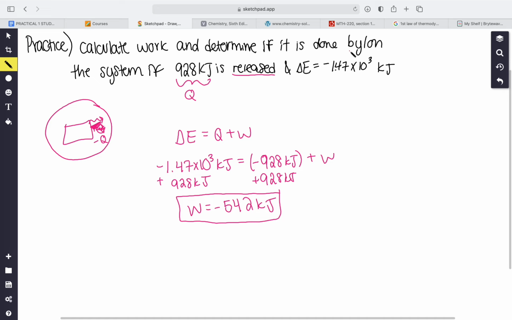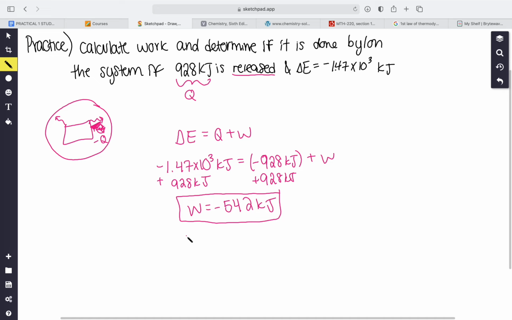So when work is negative, it's released, right? So work is leaving, it's doing work on the surroundings. So that means that the system is doing work, right? So the system itself is doing work. Work is not being done on it. It itself is releasing work, and it's doing work on the surroundings.